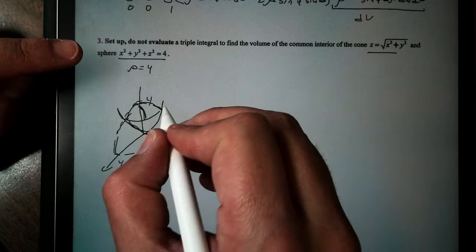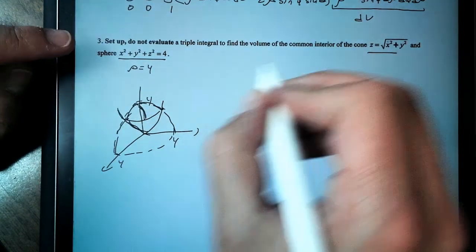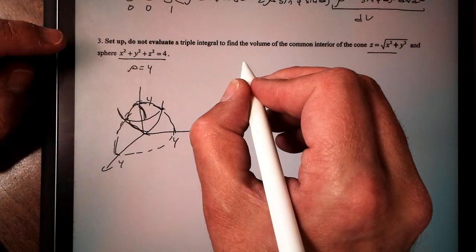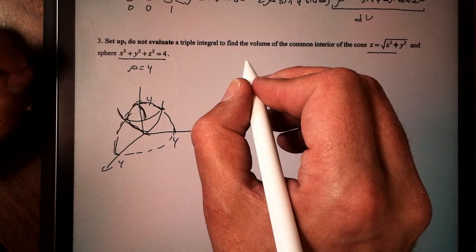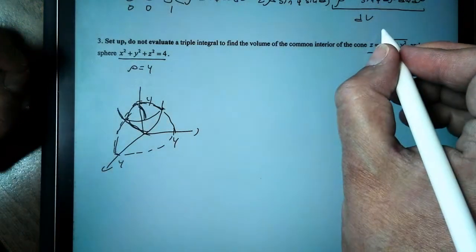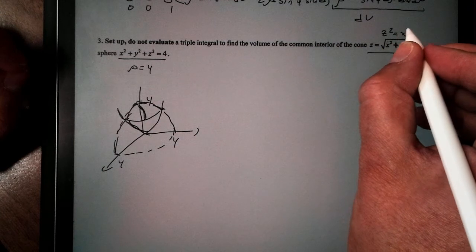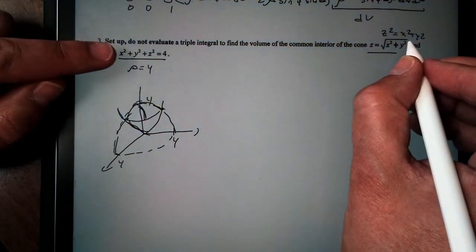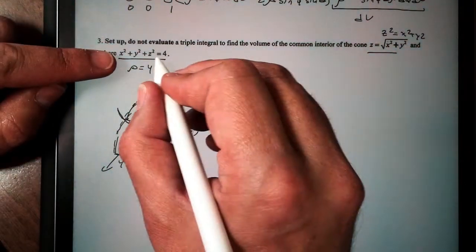So obviously we do have to find out where the sphere and the cone meet. So let's go ahead and do that. The cone, I could write this as z squared equals x squared plus y squared. I can use that and plug that in here.